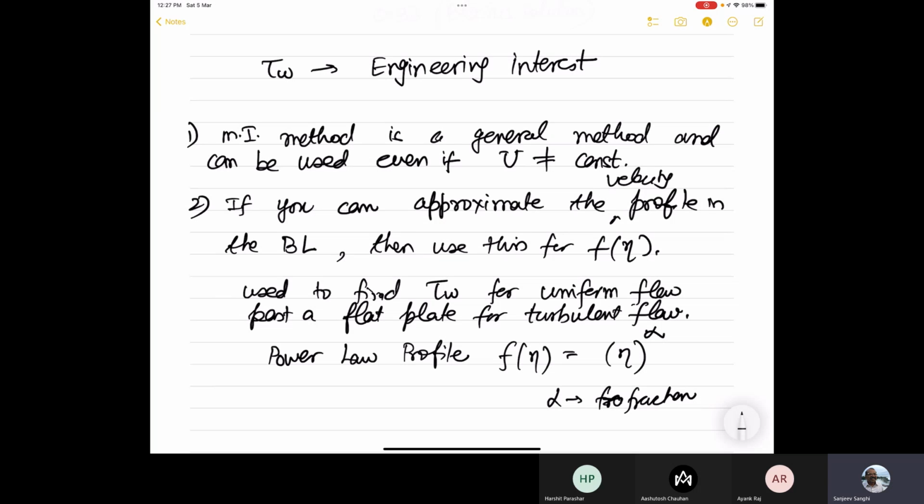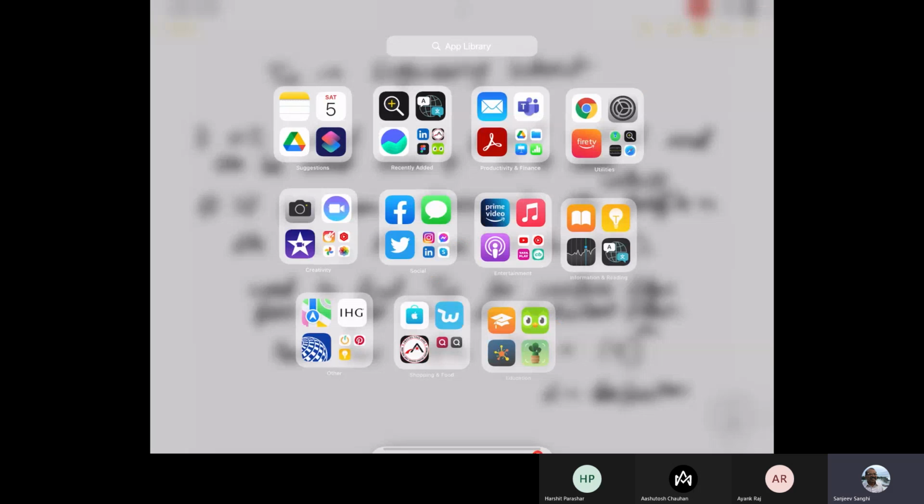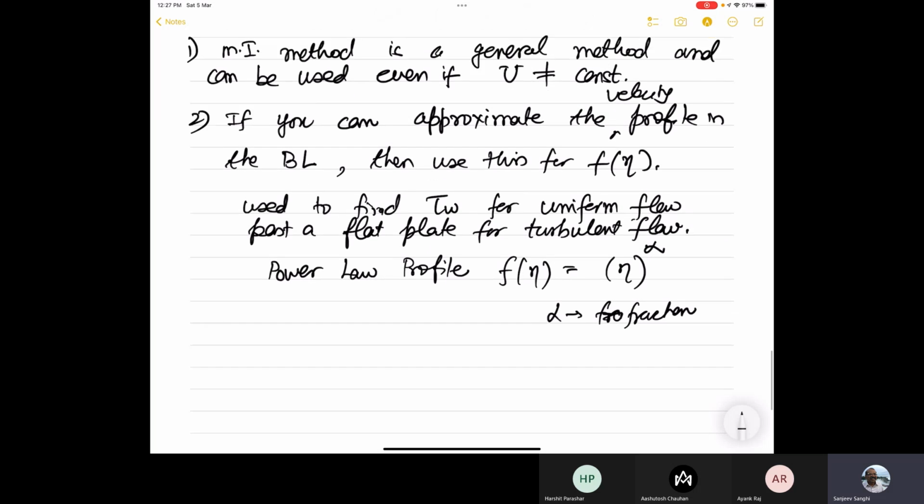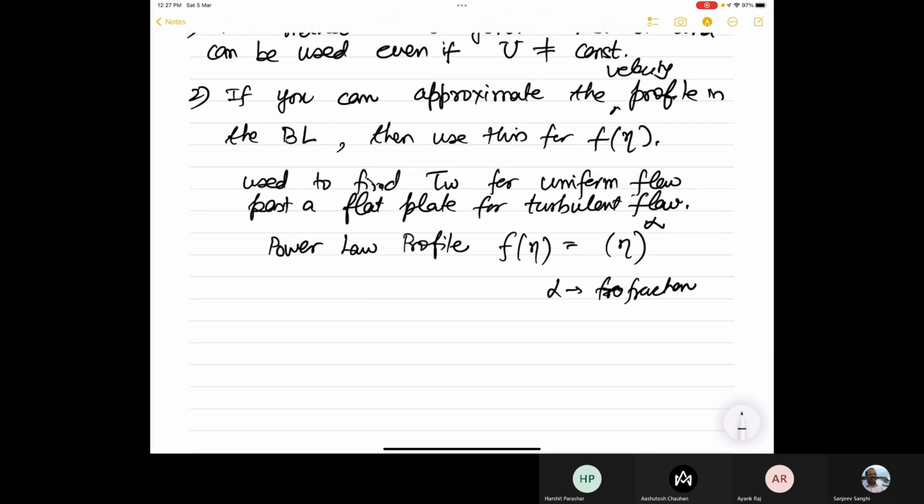There also we can use these methods to solve the boundary layer equations. But the major use of this method, at least when these theories were being developed, was in case 1, where for any general boundary layer you can work out.